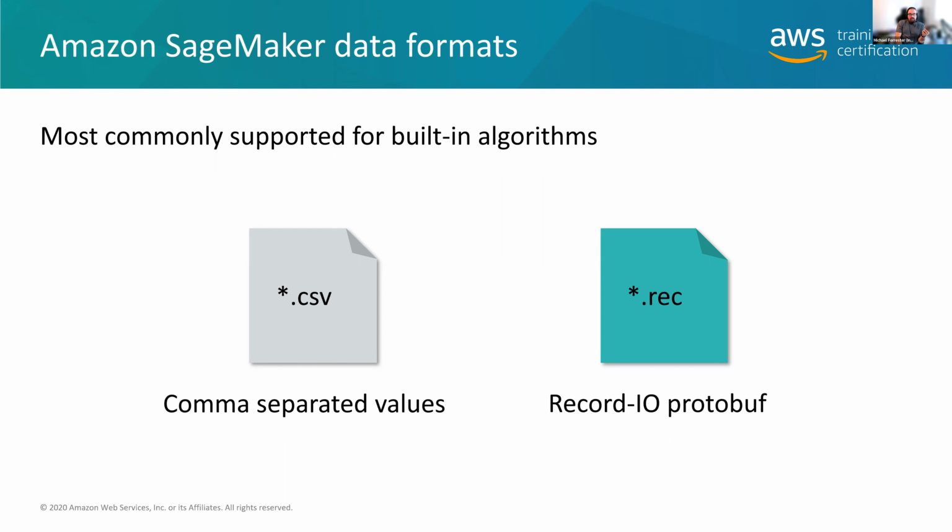RecordIO protobuf seems to be the preferred structure, which I understand because the performance is greatly improved if you do that, just like with Athena if you use Parquet. But some of the questions were like, huh, really? You don't think CSV can do pipe? It can, actually.